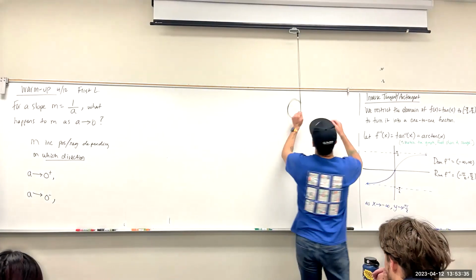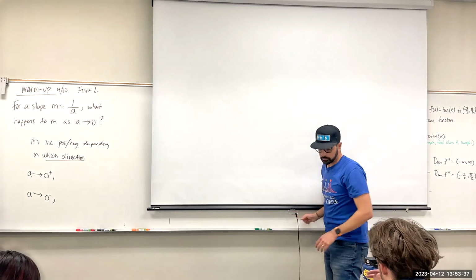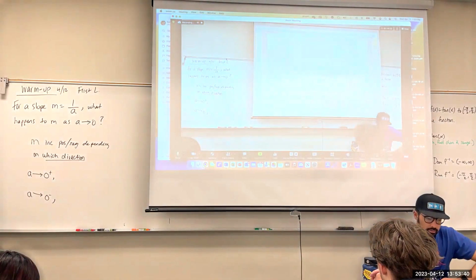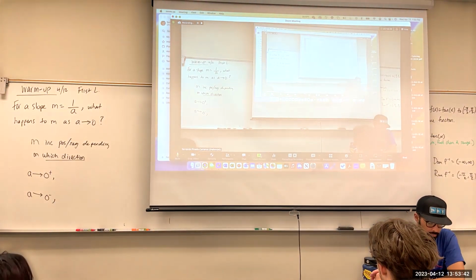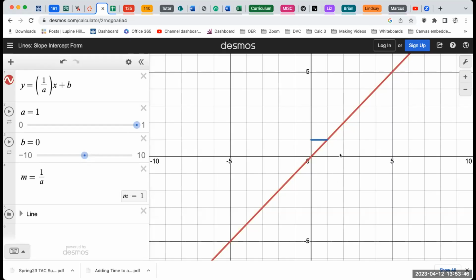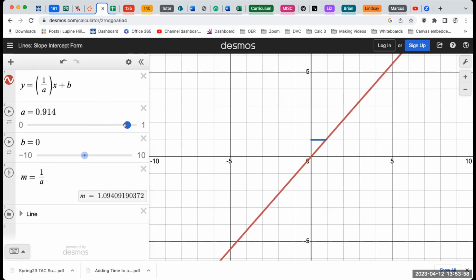Let's take a quick look. You guys can see this. So here I have a line. My slope is going to be 1 over whatever this A value is here. So right now A is 1, so it's 1 over 1. As A starts to get smaller, but I'm approaching 0 from the right, notice the value of the slope.